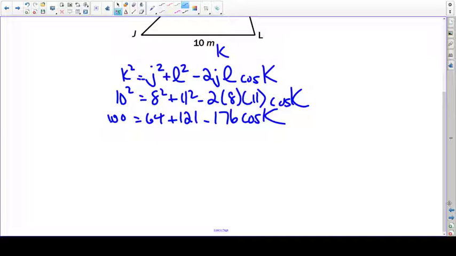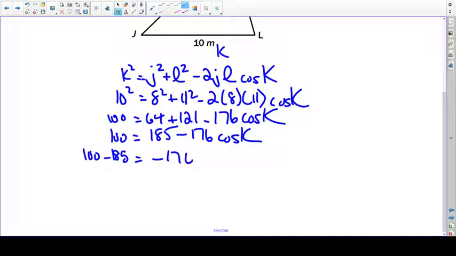Again, we can only add the first two numbers on the right side. 64 and 121 make 185 minus 176 times the cosine of K. Then we'll bring 185 over to the left side, leaving us with negative 176 cos K. Make sure that the negative sign doesn't disappear.